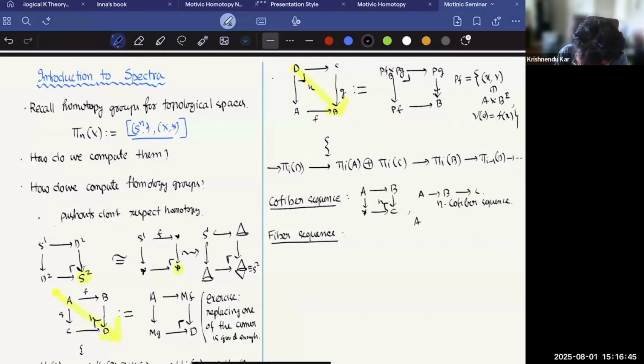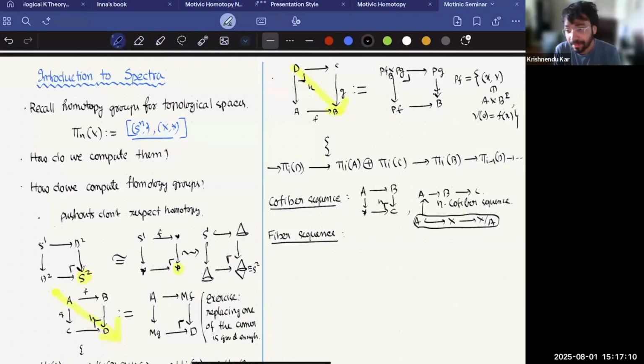This is exactly that. So this information is nothing special. It's coming from the homotopy pushout.